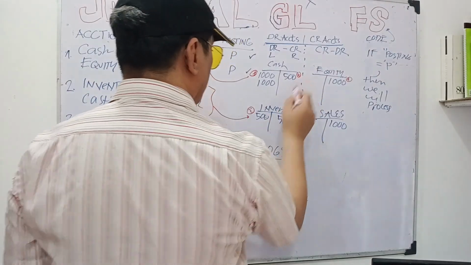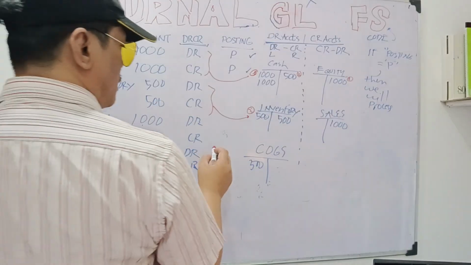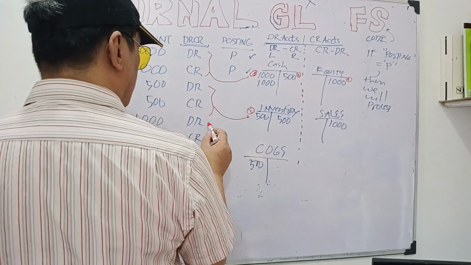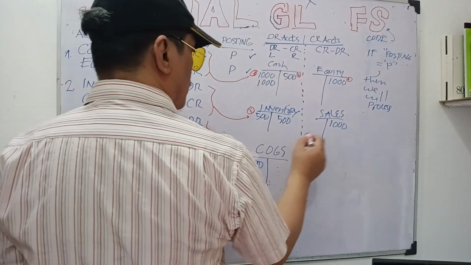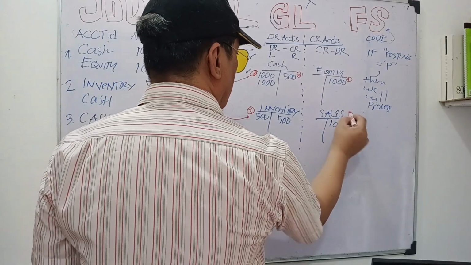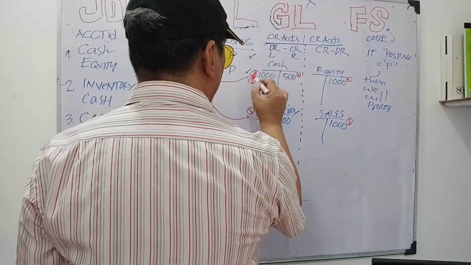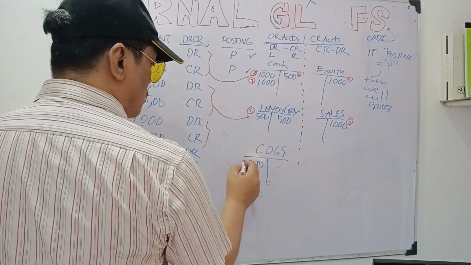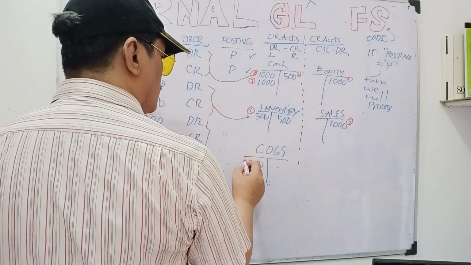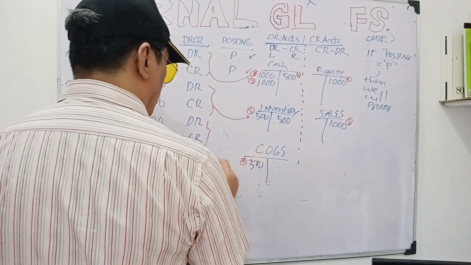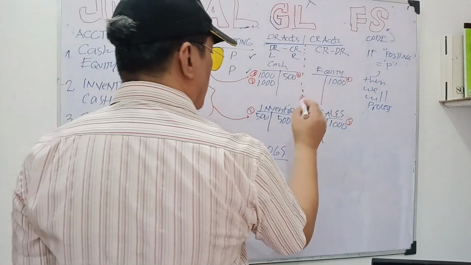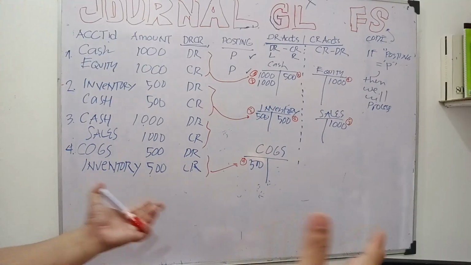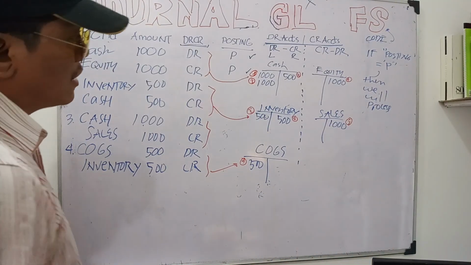And then the third entry, we sold the inventory, so this one and this one. And then we reflected the cost of the inventory that was sold, so that would be this one and this one. Yes, so we have a complete accounting cycle now.